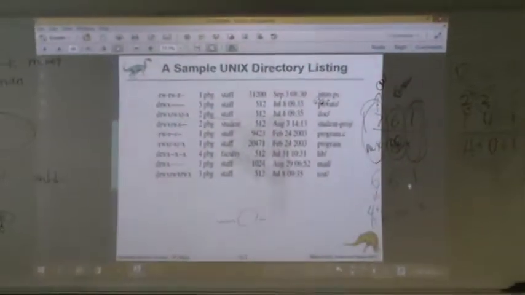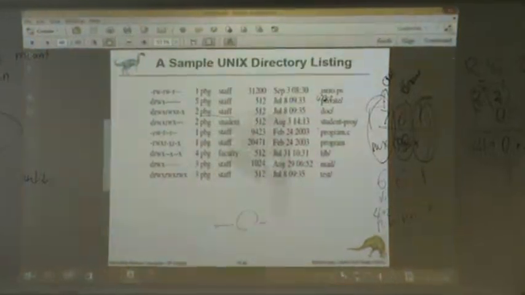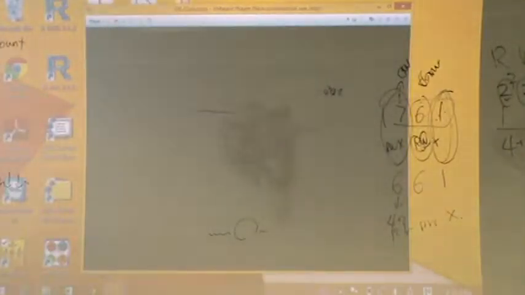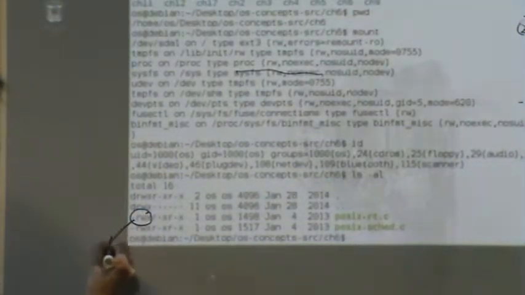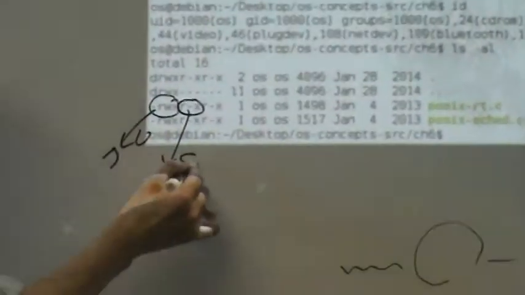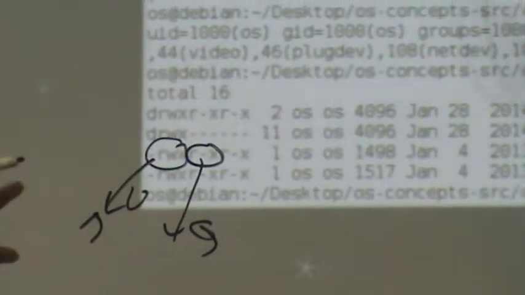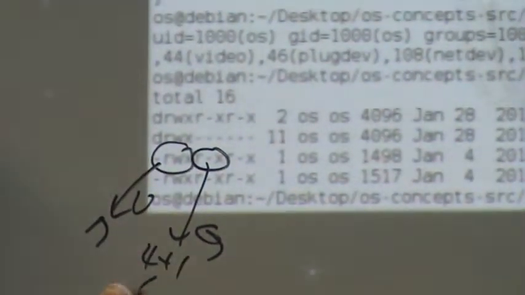So if you see the Linux file, let's see the last one. You can see read, write, execute, which means this is the user, 7. RX means group. How can you make the RX? It means 4 plus 1, 5.